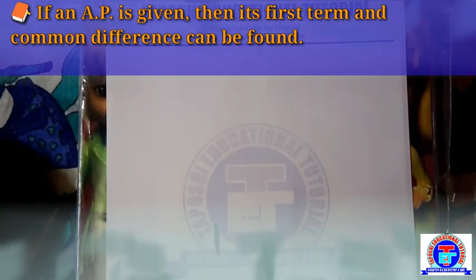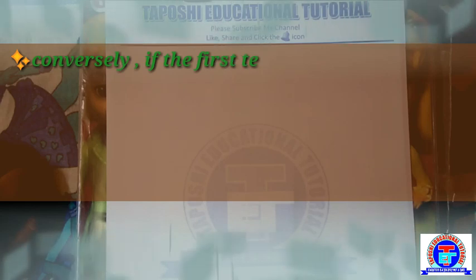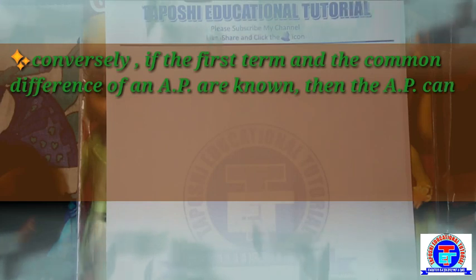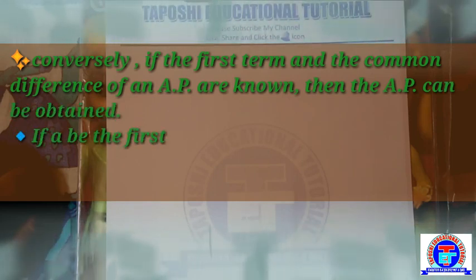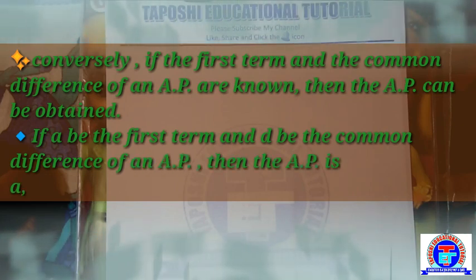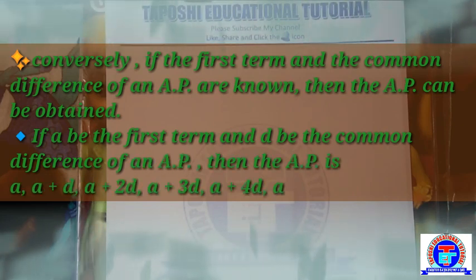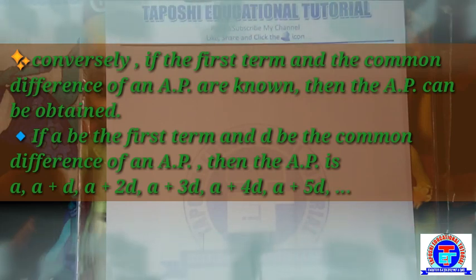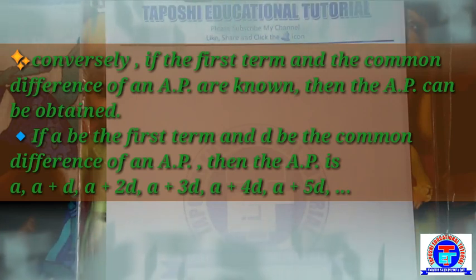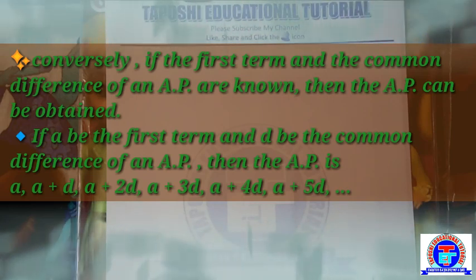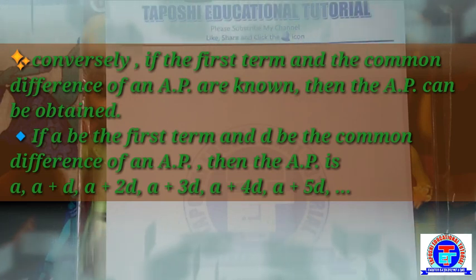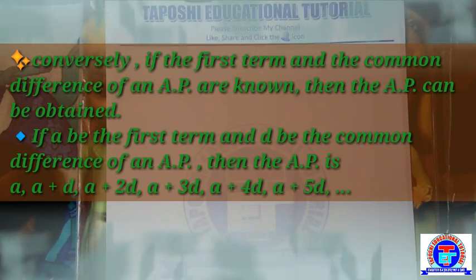Right? Conversely, if the first term and the common difference of an AP are known, then the AP can be obtained. If A is the first term and D is the common difference of an AP, then the AP is A, A plus D, A plus 2D, A plus 3D, A plus 4D, A plus 5D, and so on.